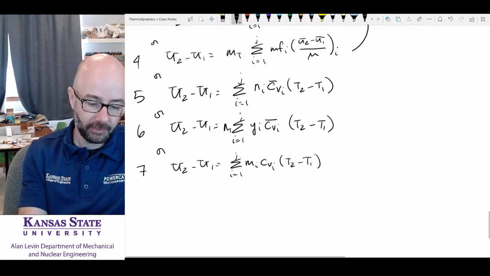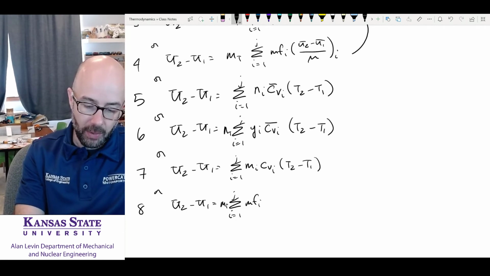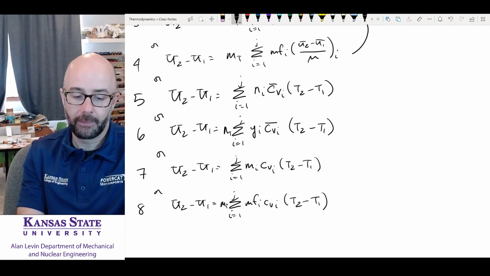Or way 8 says you can do U2 minus U1 is equal to the summation of i equals 1 to J of the mass total times the mass fraction of each component times C sub V of each component times T2 minus T1. Okay.